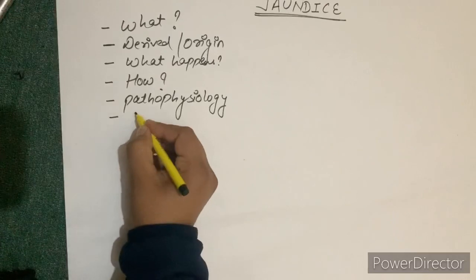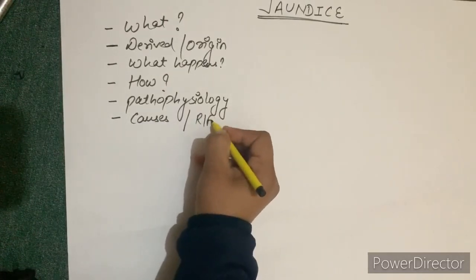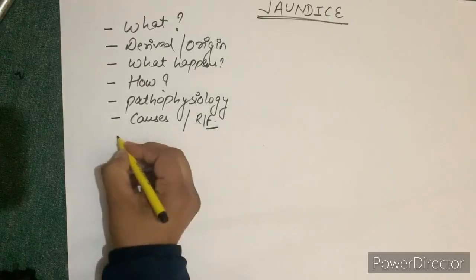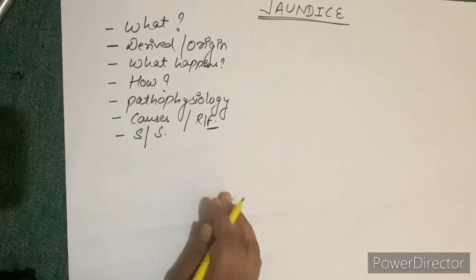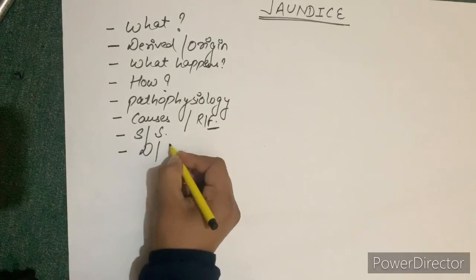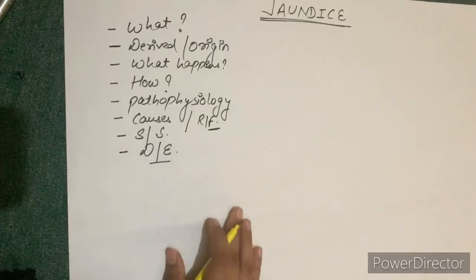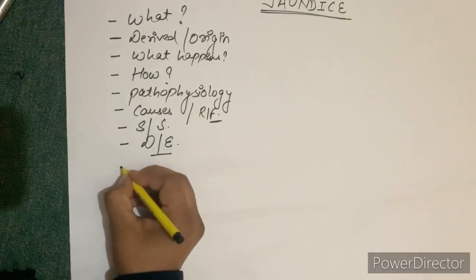And what are the causes, or you can say the risk factors of jaundice, what are the signs and symptoms of jaundice, and what diagnostic evaluations are done to evaluate jaundice.